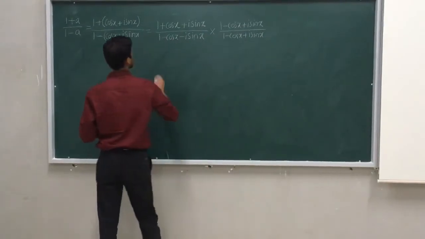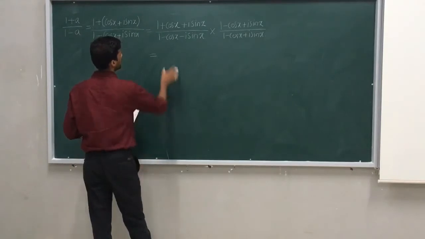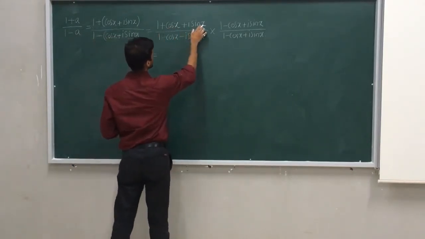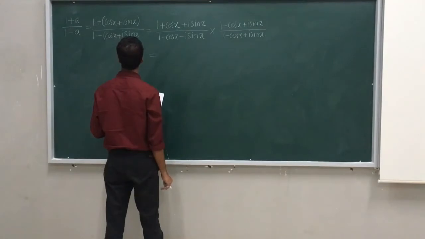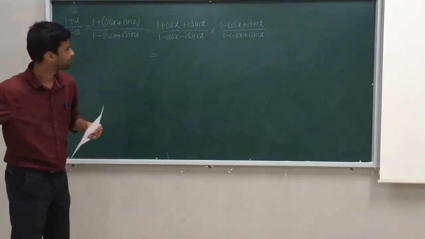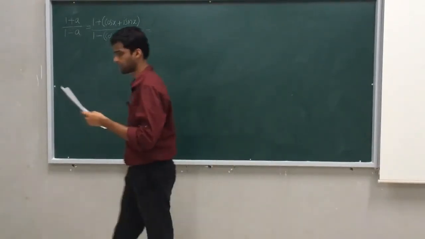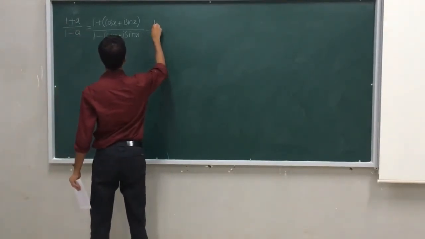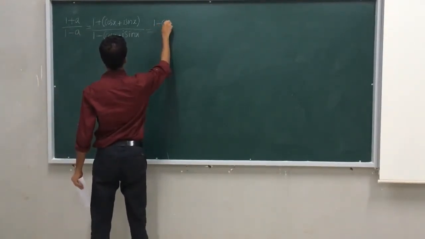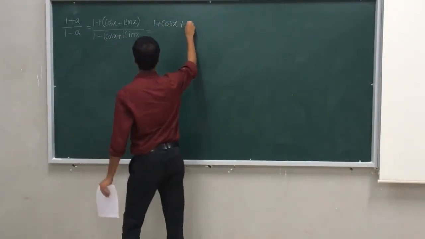It looks almost like 1 plus cos x plus i sin x, but here you have 1 minus cos x. So we'll do one thing. What if we write the conjugate here? Because it is disturbing a lot, we'll write 1 plus cos x plus i sin x.